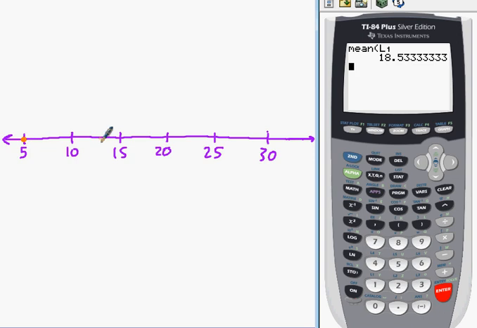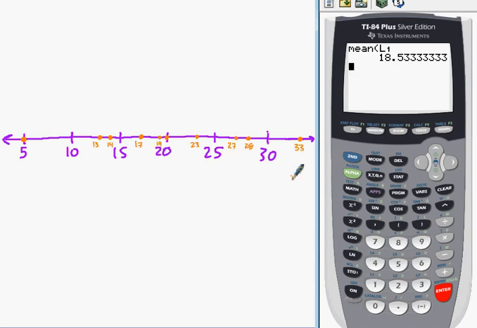I have a 13 and a 14 and a 17, 19 and 20, 23, 27 and 28 and 33. I'm going to put the numbers on those.